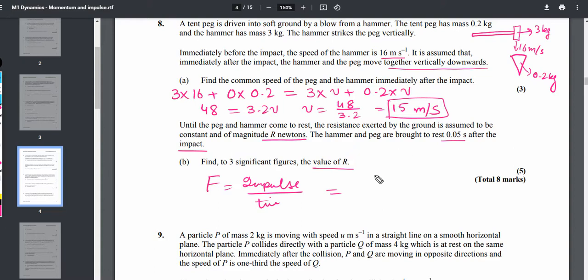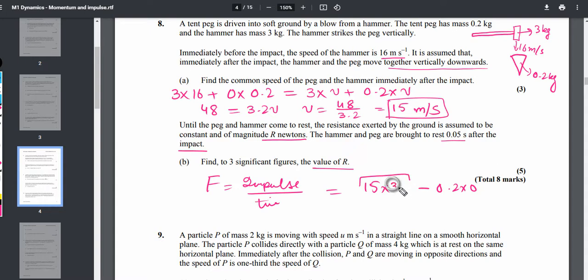The final momentum is 15 times 0.2 minus the initial momentum, 0.2 times 0, because initially the peg was at rest. But over here, because both are coming down together, I'll take the mass as the combined mass.